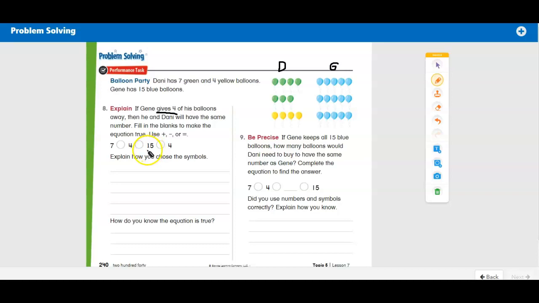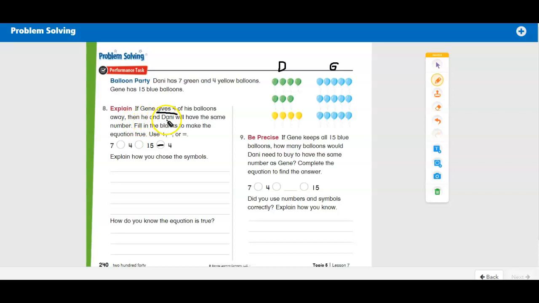So Jean had these 15 balloons, and he gave 4 away. So what symbol would we need to write here to show that he gave away or subtracted? Would we write the plus sign, the minus sign, or the equal sign? We would write the minus sign because he gives away 4 of his balloons.